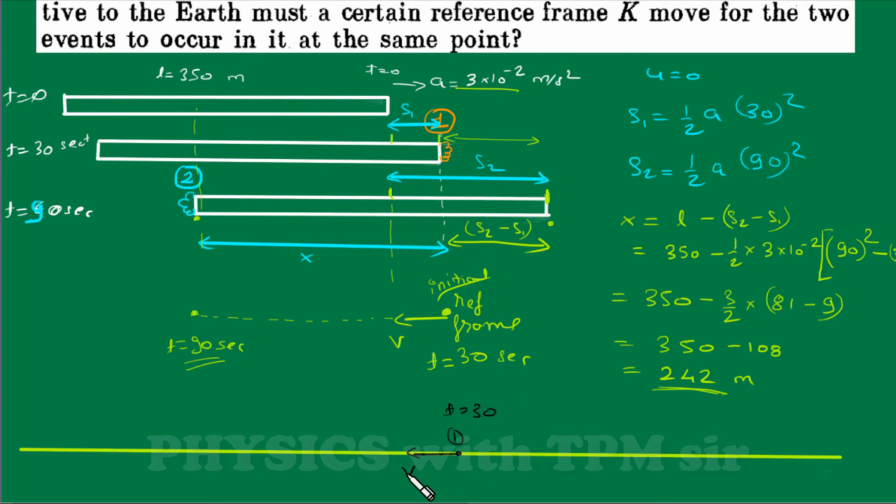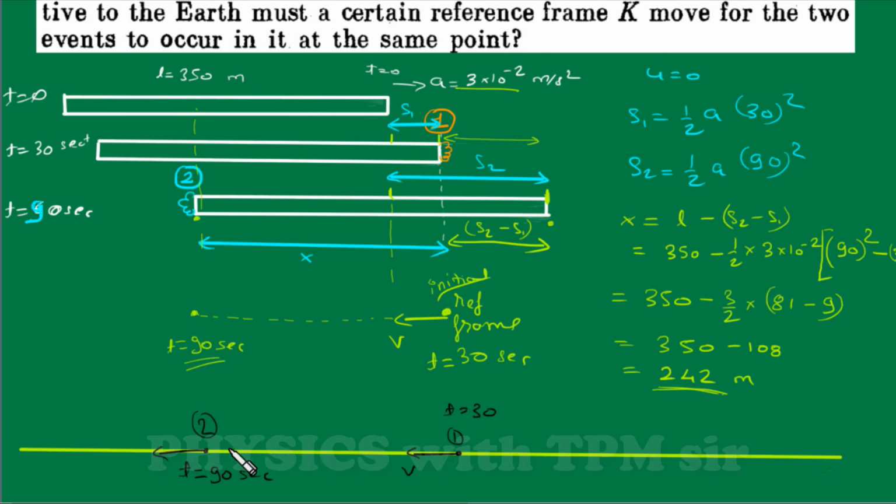Now if for the reference frame the final event must also happen at the same place, this reference frame should move to the position of event 2 by the time this happens. That means at t equal to 90 second, this reference frame must be at this position. So at this position also, this reference frame will say, yes, the second event has also occurred at my place only, and the first event has also occurred at my place only.